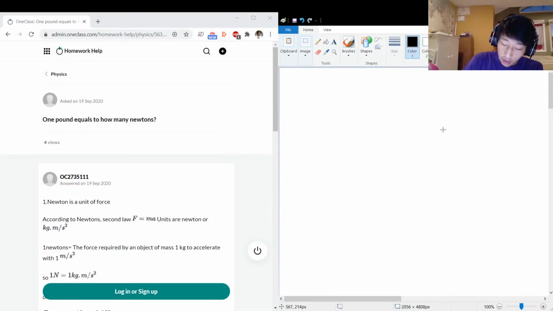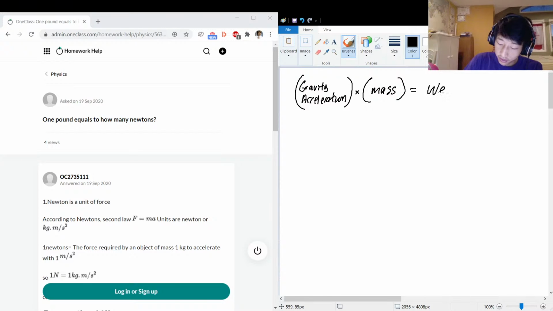We have gravity acceleration, that multiplied by our mass is equal to our weight. Weight is a force. It is not a mass.